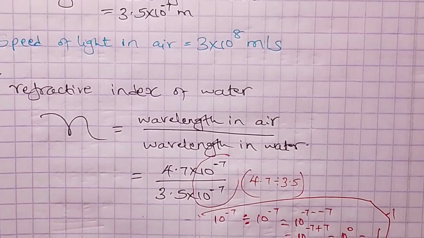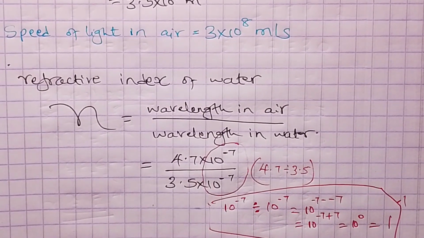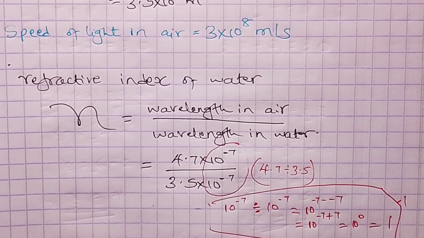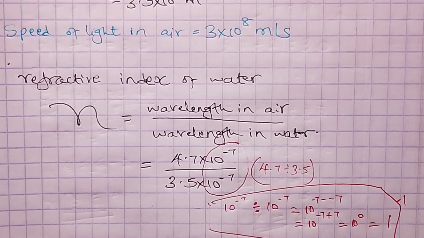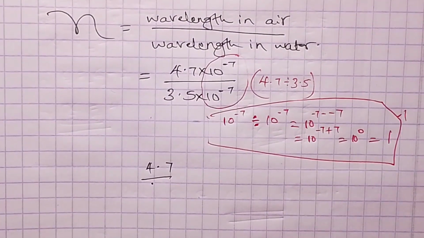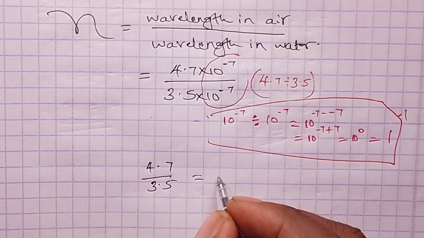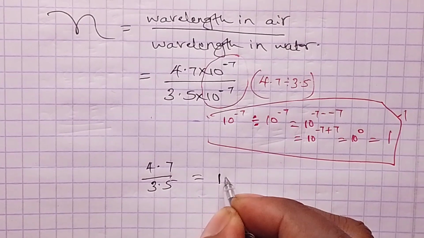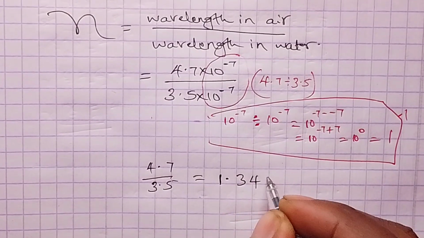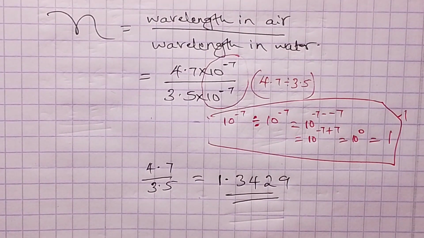That is, when we divide 4.7 over 3.5, it will be 1.3429. This is now the refractive index.